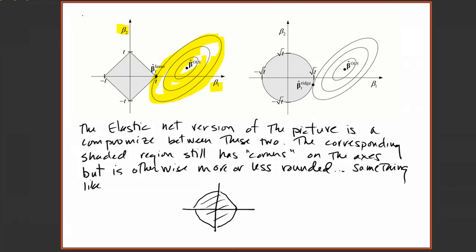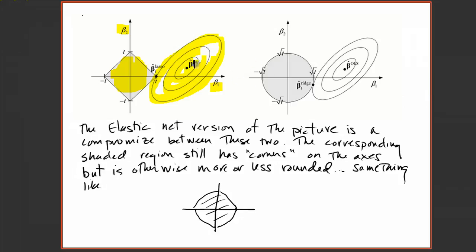Now, the lasso criterion says subject to the sum of absolute values of betas being less than or equal to t. Well, that's this grayed in region here. Subject to that, make the error sum of squares as small as possible.